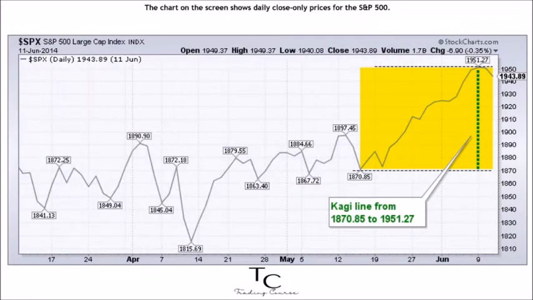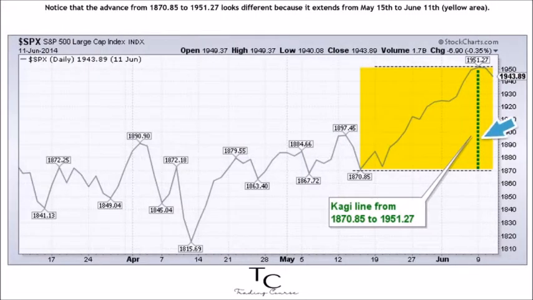The chart under the Kagi chart shows daily close-only prices for the S&P 500. Notice that the advance from 1870.85 to 1951.27 looks different because it extends from May 15th to June 11th, yellow area.